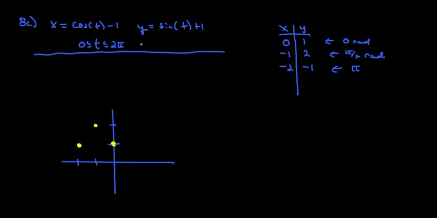Let's keep grabbing some more here. Let's do 3 pi over 2. So that's basically at 270 degrees.